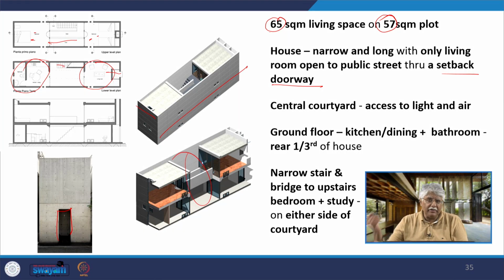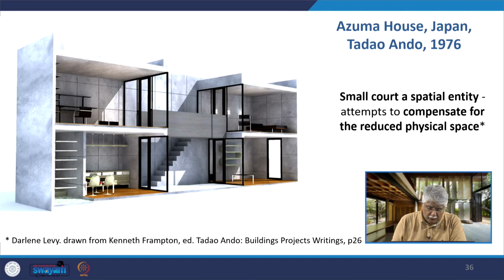One is the bedroom and the other is the study. So this is what it is. The small courtyard becomes a spatial entity and attempts to compensate for the reduced physical space within the house.